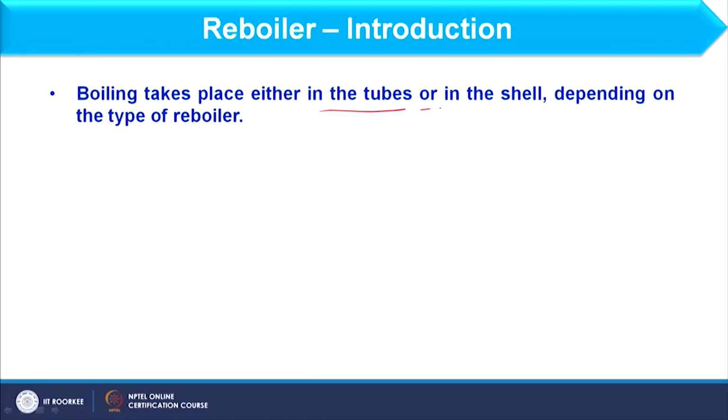So, basically the boiling process is going on continuously. The same feed may enter twice or thrice in the reboiler until it is converted into vapor, and therefore it is called a reboiler. Boiling takes place either in the tube side or in the shell side of this unit.